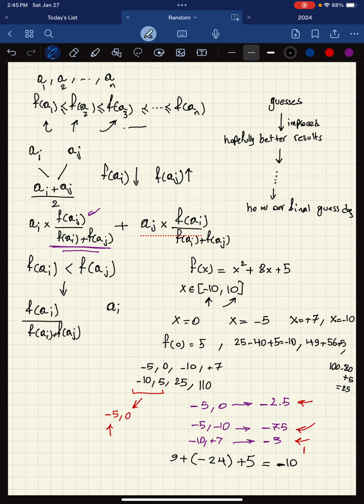So if we sort these new guesses, we are going to get something like this, minus 5, then again minus 10, and so on. But the thing is, the next time that we merge these two, we're going to get minus 4 as the average, and this is our local minimum.